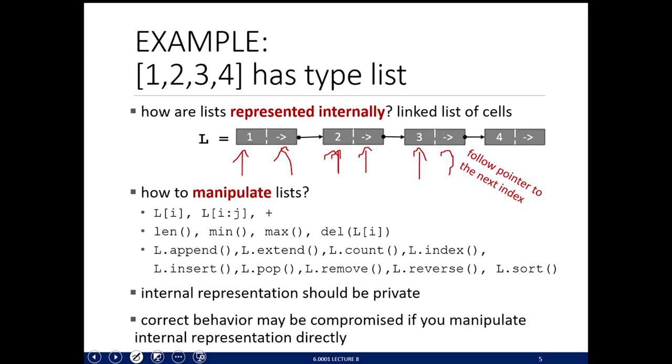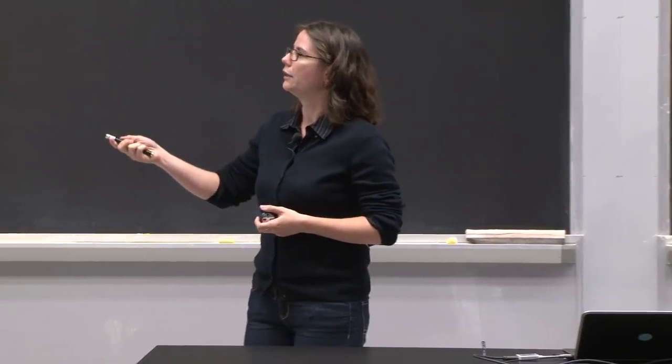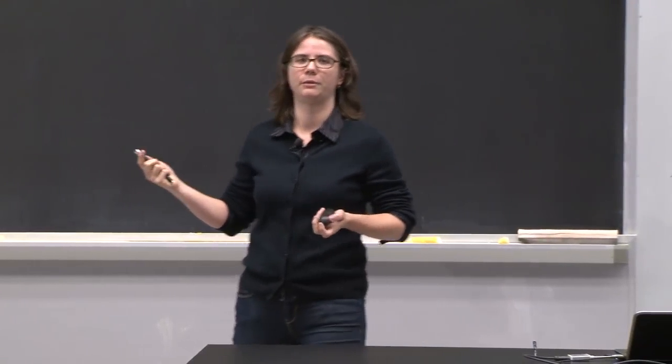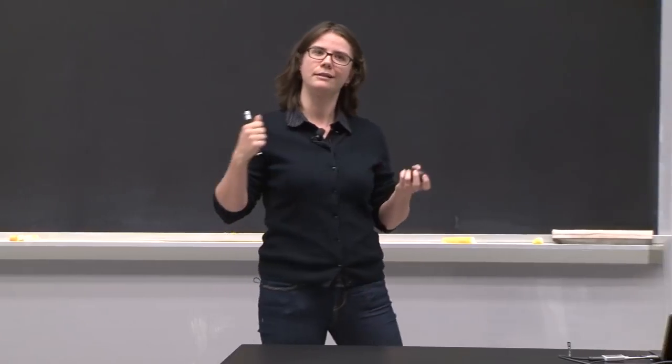So notice both of these, the internal representation and how you manipulate lists, you don't actually know internally how these are represented. How did whoever wrote the list class decide to implement a sort? We don't know. You also weren't aware of how these lists were represented internally, and you didn't need to know that.